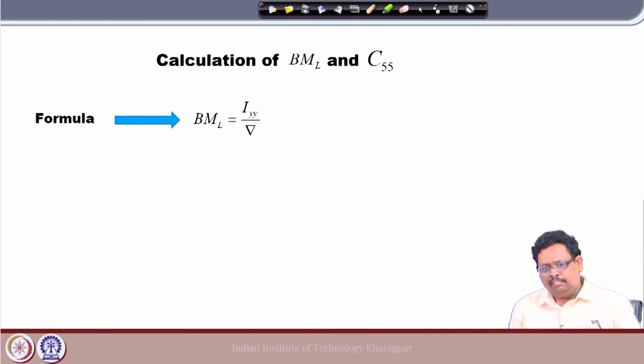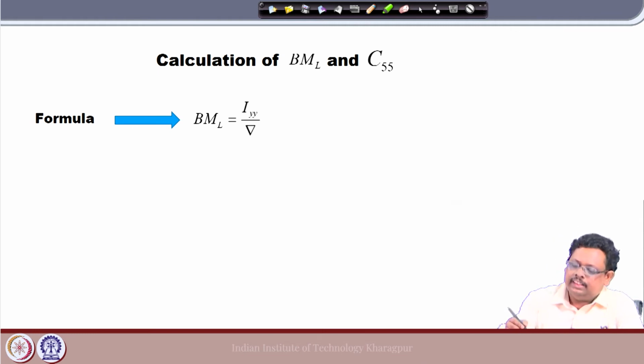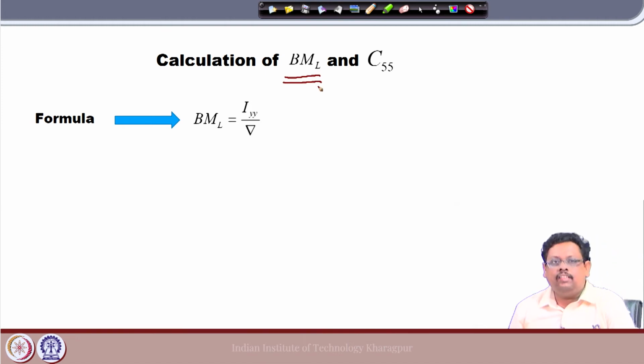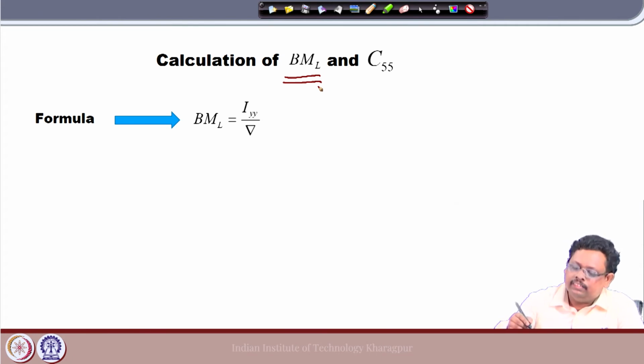Now, let us find out how I calculate C55. The formula is basically how I calculate BML. It is given by I y y by delta. You know how to calculate I y y for different shapes, so I am not going to discuss that. This is the straightforward formula that we are going to use.